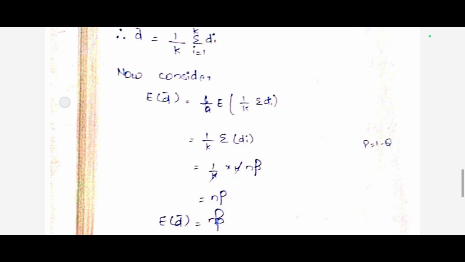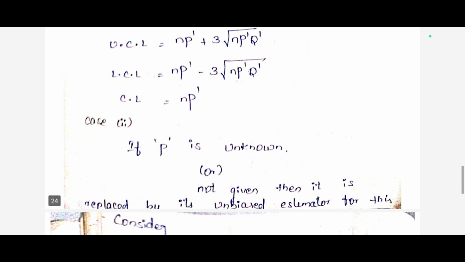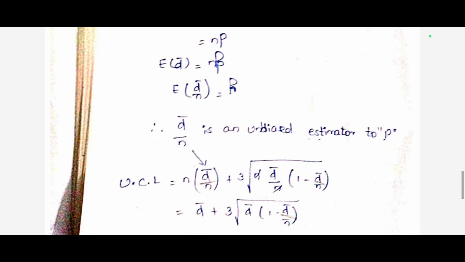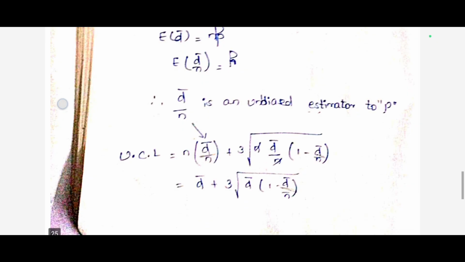Now the expected value of D bar is 1 divided by K summation of expected value of Di, which gives you NP. So the expected value of D bar divided by n is equal to P. So D bar divided by n is an unbiased estimator of P.